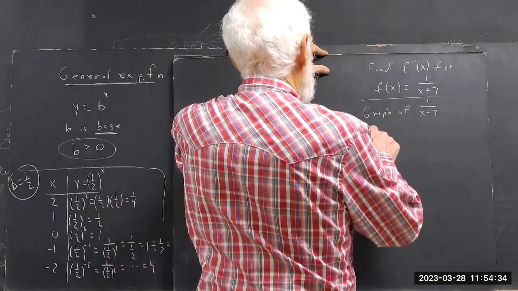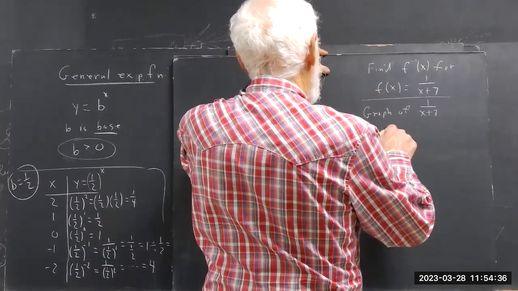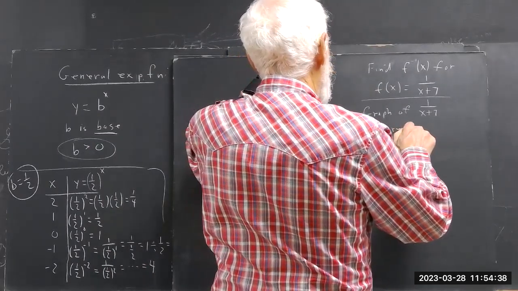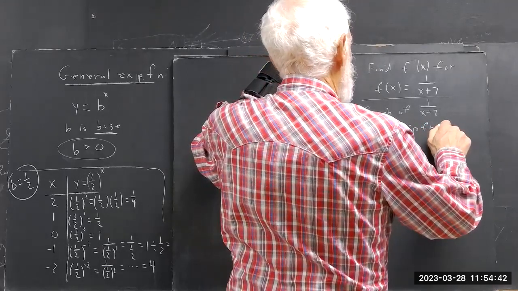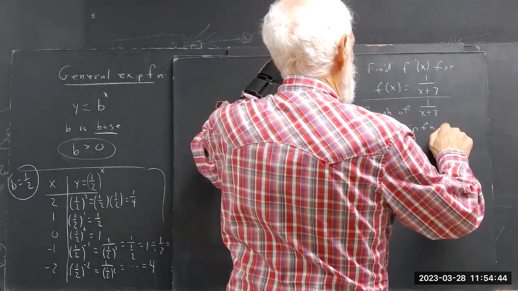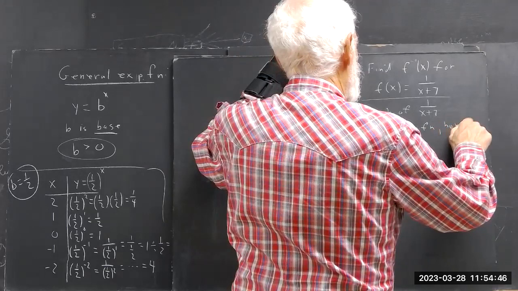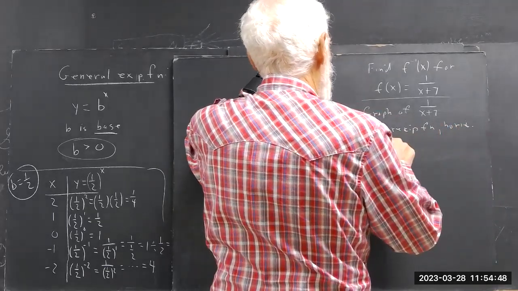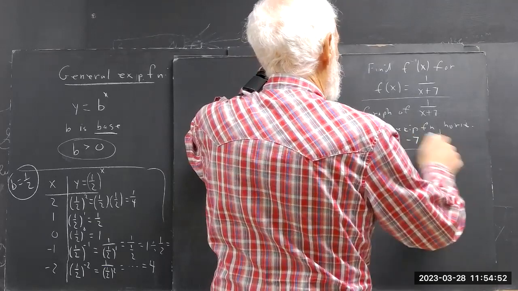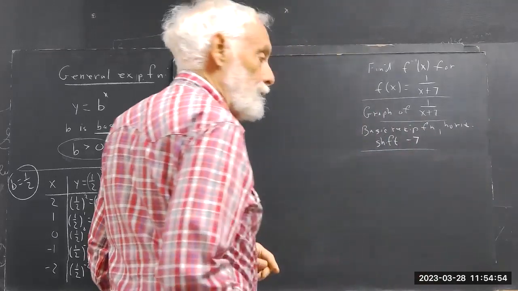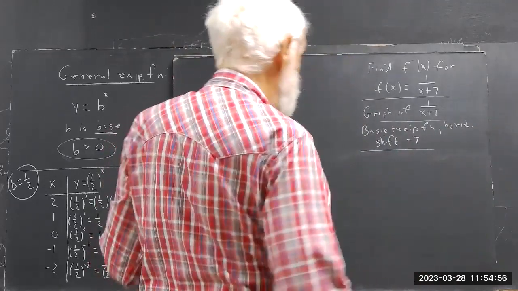This is the basic reciprocal function, with a horizontal shift to negative 7.